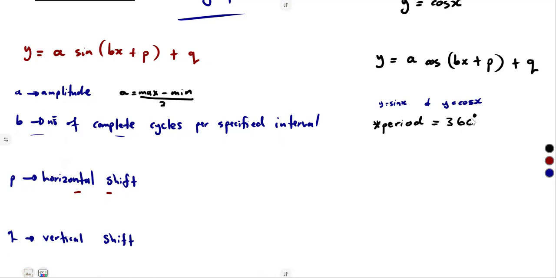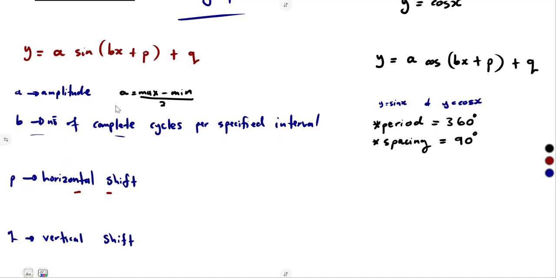They complete their cycle in 360 degrees. Thus, their spacing is also the same as we draw these two graphs. They have the same spacing of 90 degrees, just like what we had on the graph of a sine.